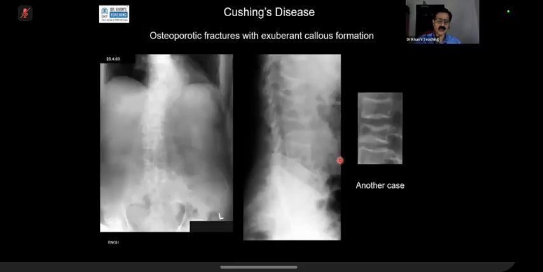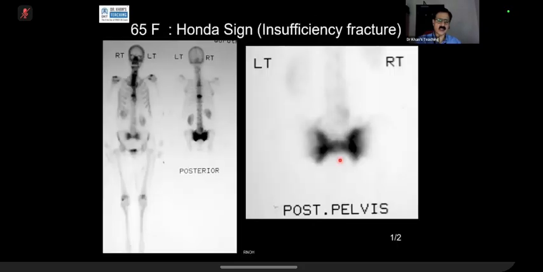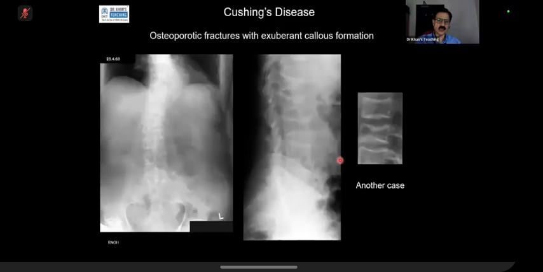The final thing which I want to cover today is Cushing's syndrome or Cushing's disease. In Cushing's syndrome, the key exam thing to remember is that there will be fractures, for example in the spine and the ribs, and they can be spontaneous fractures.